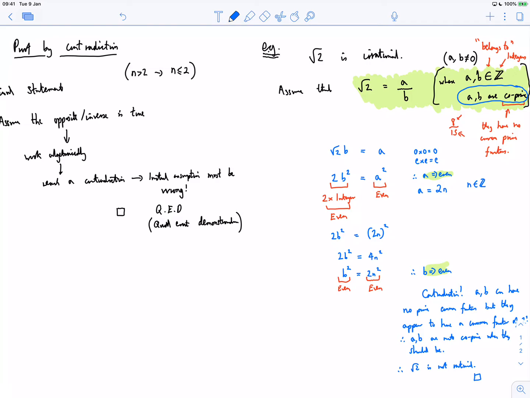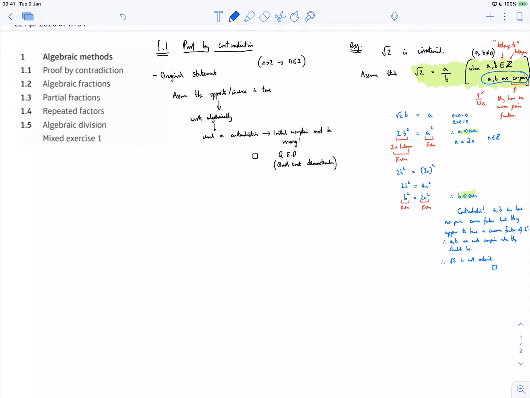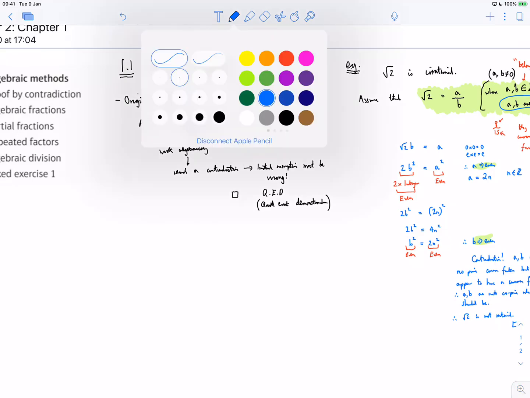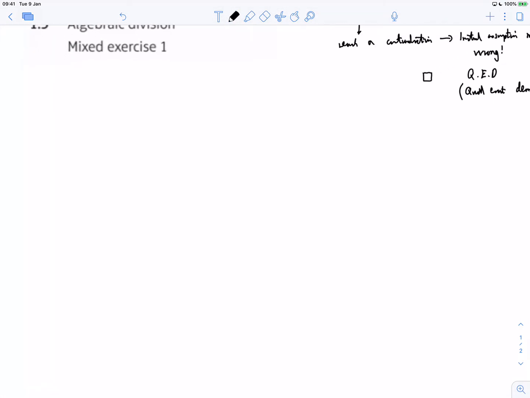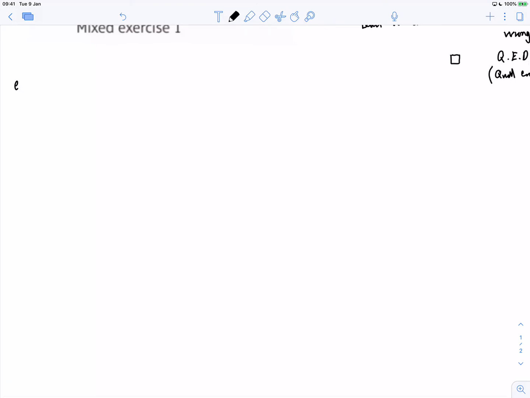Okay, so this is a very classic proof, and in actual fact, you can do it for any number that's any surd, a non-square surd, and you do it in a similar way. So let's have this being example 1, and let's have example 2 down here. Okay, so what do I mean by that?